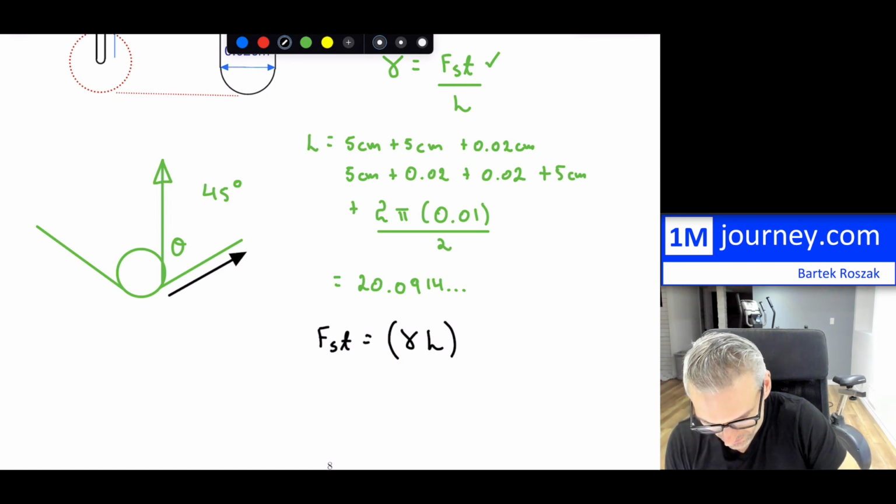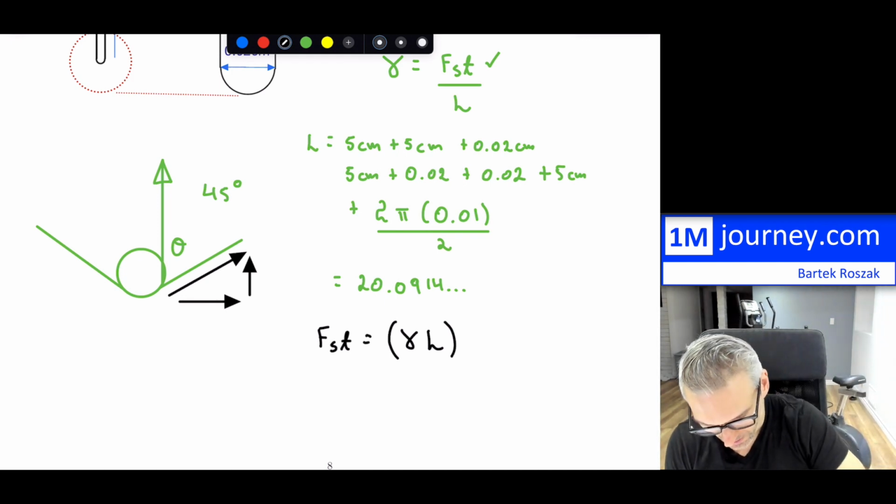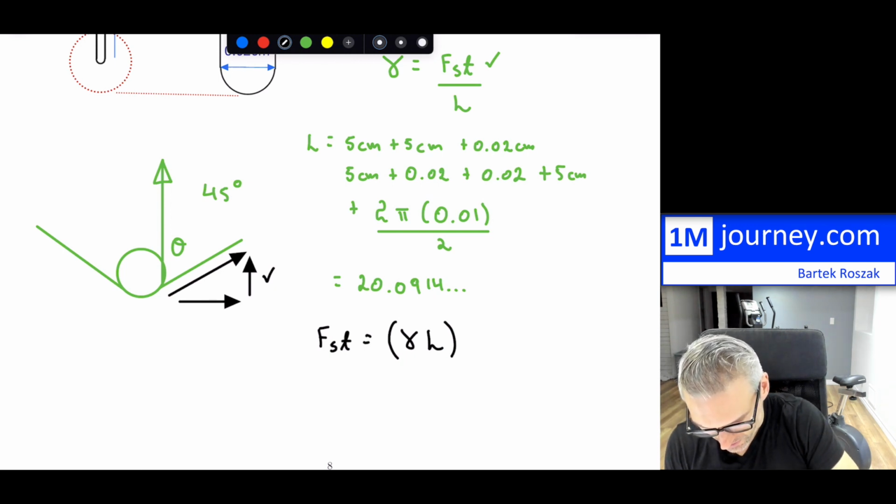But if you want the vertical component of that piece, the horizontal components cancel, because the surface tension is on both sides as you're going all the way around. But the vertical component you can obtain right there.